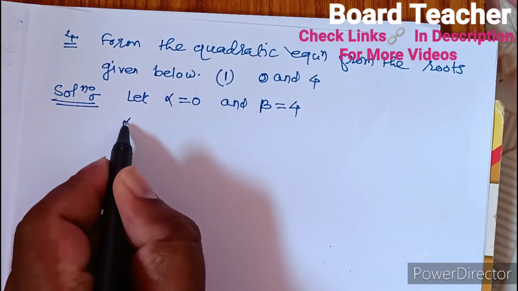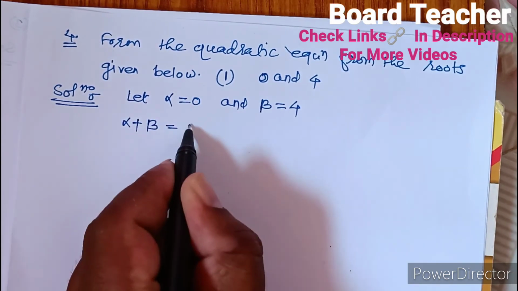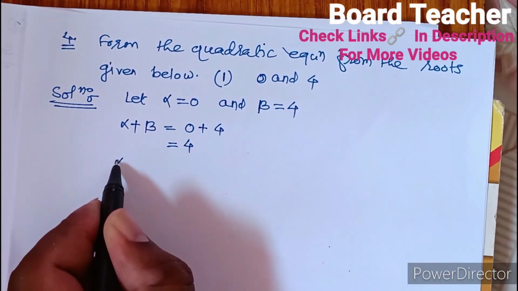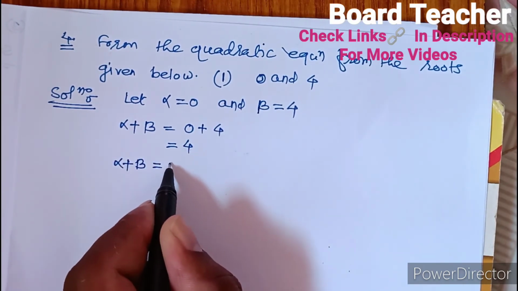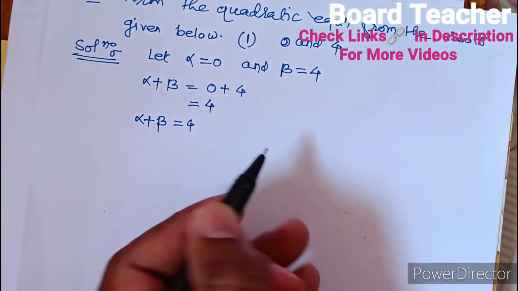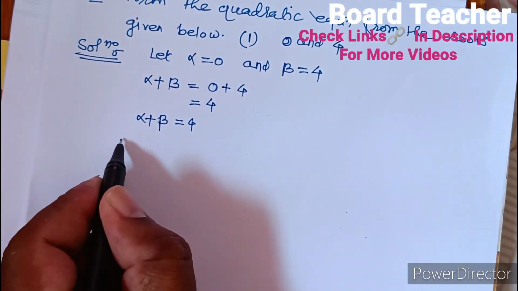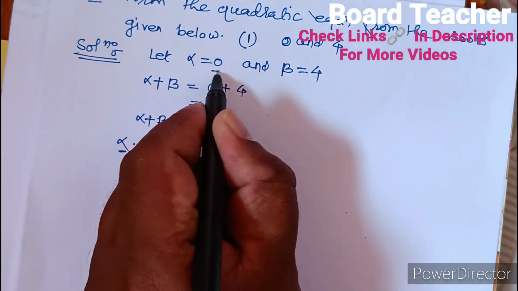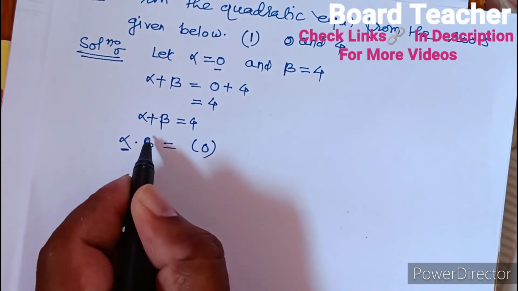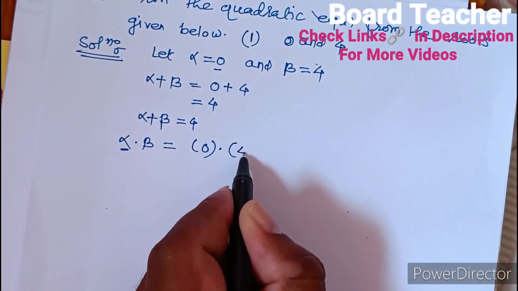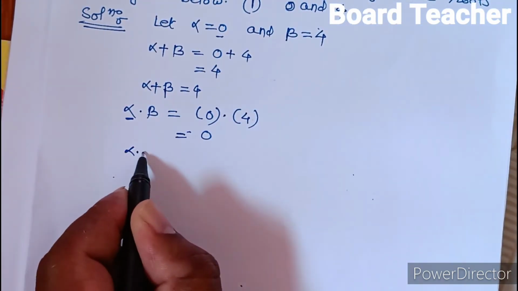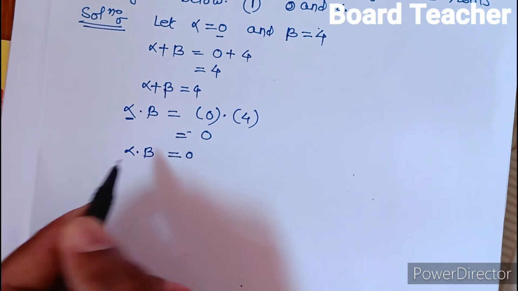Sum of the roots, that is alpha plus beta, equals 0 plus 4 equals 4. Therefore alpha plus beta equals 4. Now product of these roots, alpha dot beta, equals 0 dot 4, means the product of 0 and 4 is 0.